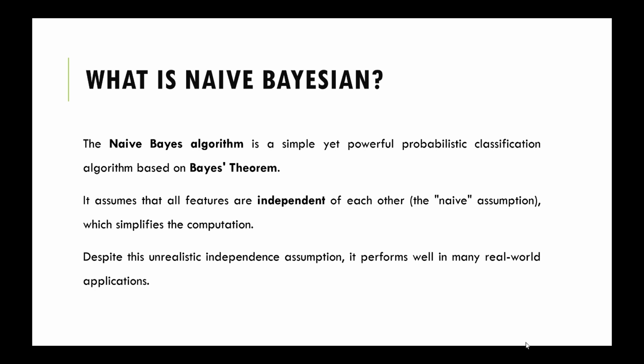It assumes that all the features in the data set are independent of each other, which simplifies the computation. Despite this unrealistic independence assumption, it performs well in many real-world applications.